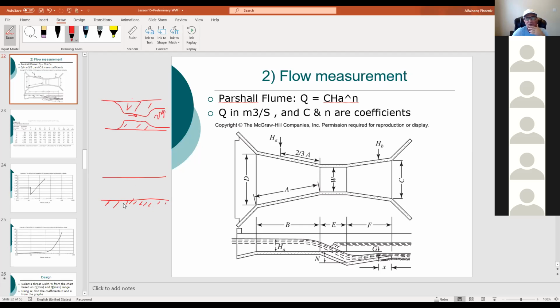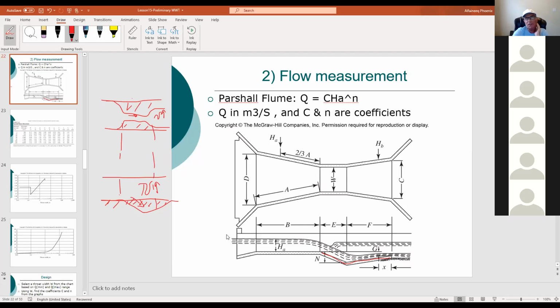And to increase the velocity more, you increase the slope in the floor at the same location where you do the narrowing. And this would increase the velocity as well because you have more slope. So by doing that, you increase the velocity kind of twice, by narrowing and by increasing the slope.